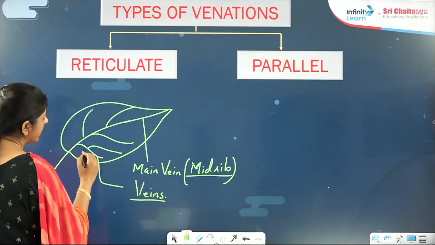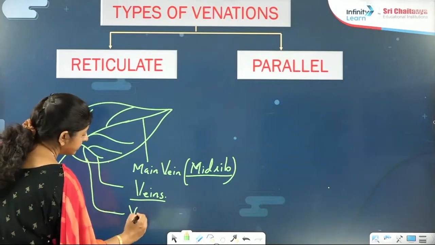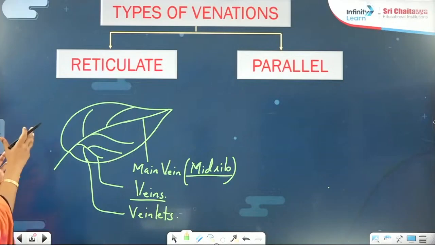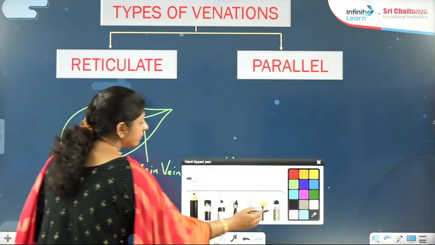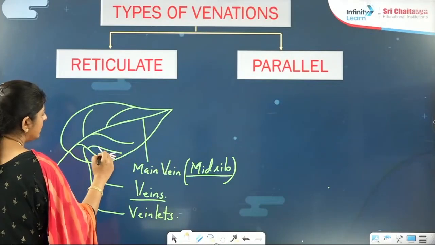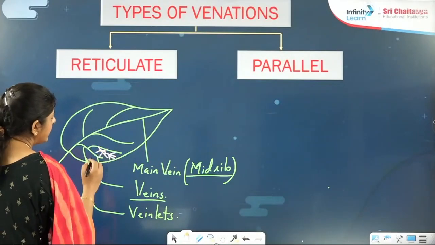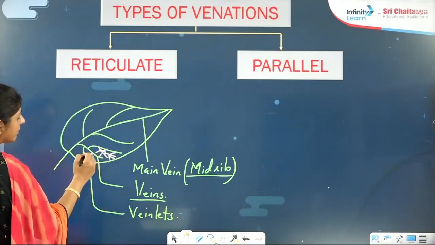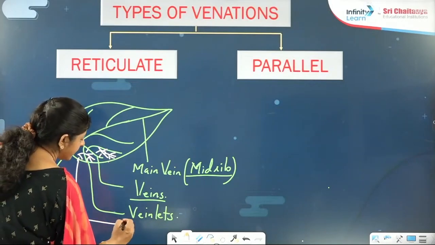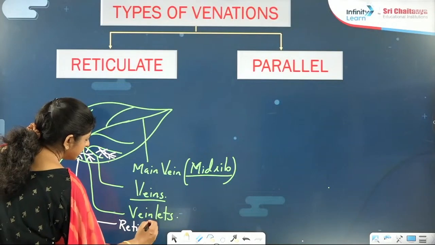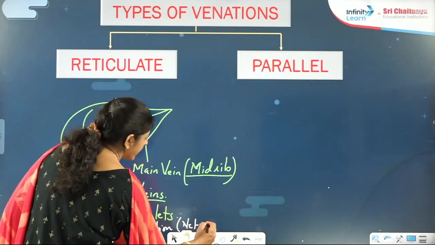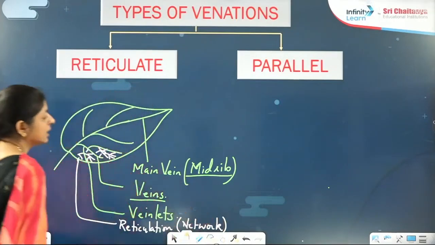Veins are further divided into veinlets, right? Being reticulate venation, they keep on dividing and redividing. That division and redivision you call reticulation. It is a sort of network formed by the minute veins, right?